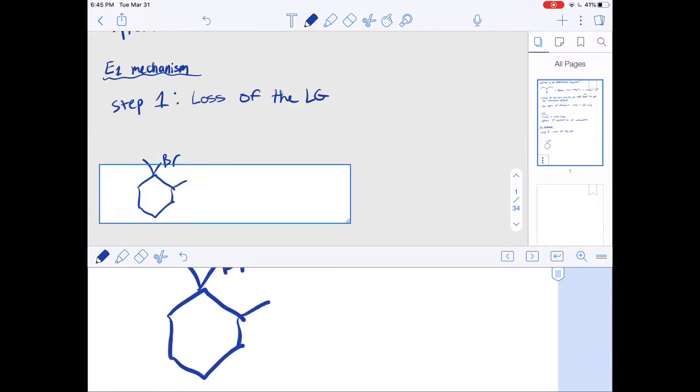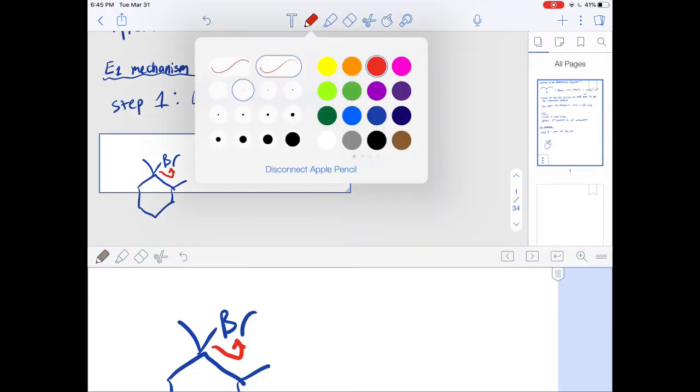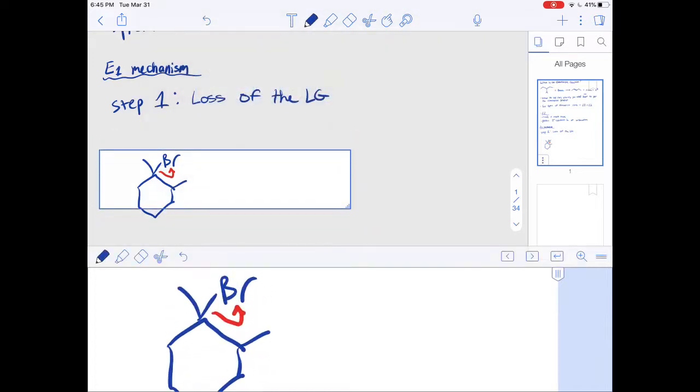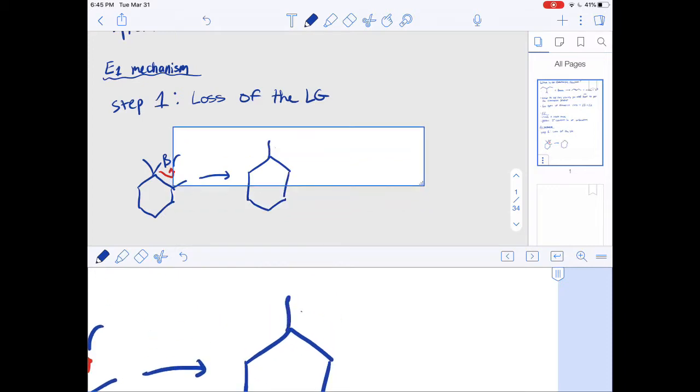We'll draw a methyl here too. Okie dokie, so your leaving group is going to be your halide like normal, in this case Br. So you're going to have the electrons move into the Br for it to leave, and you're going to end up with this in an E1 reaction.